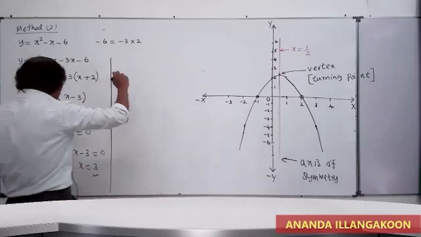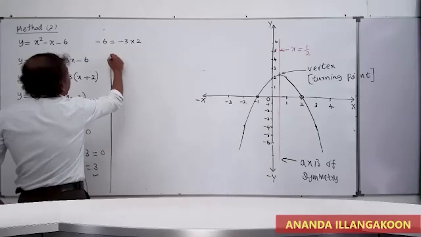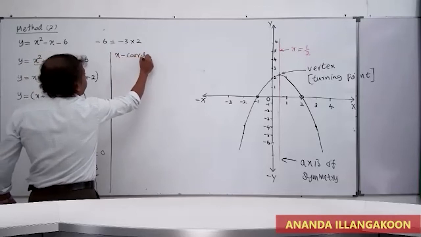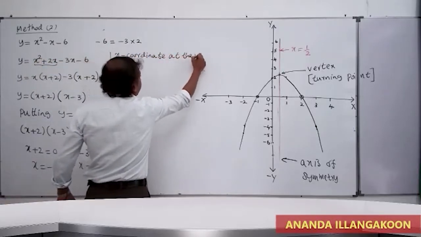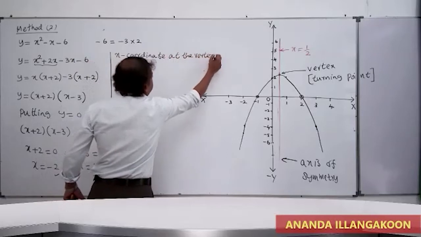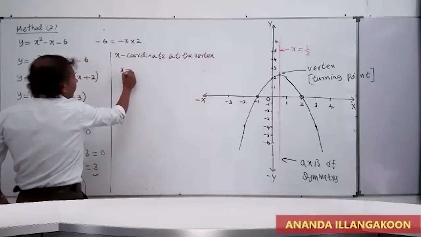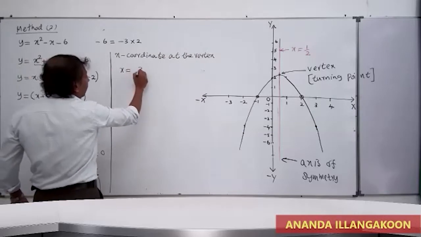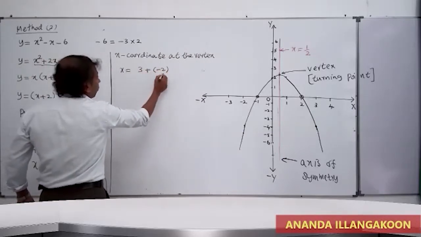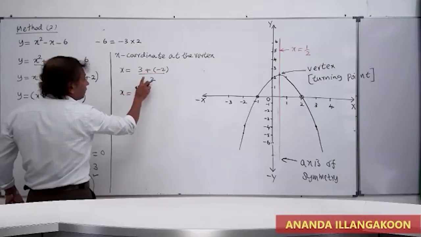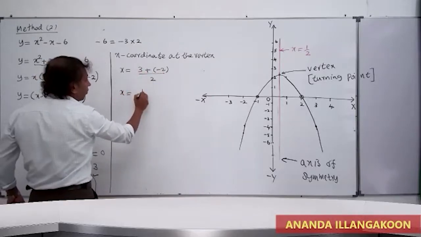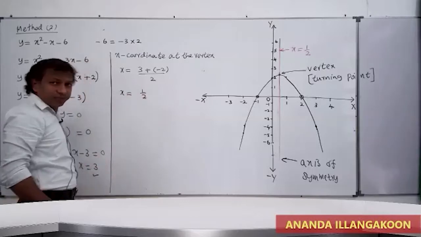How to find that, people? Add the two roots, 3 plus minus 2, divided by 2. We get 1 by 2, half.